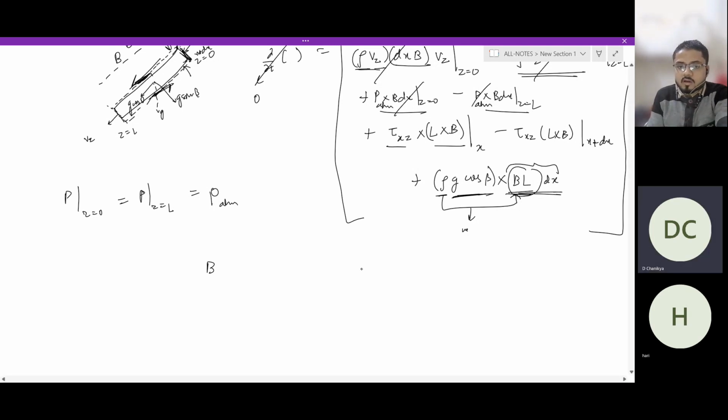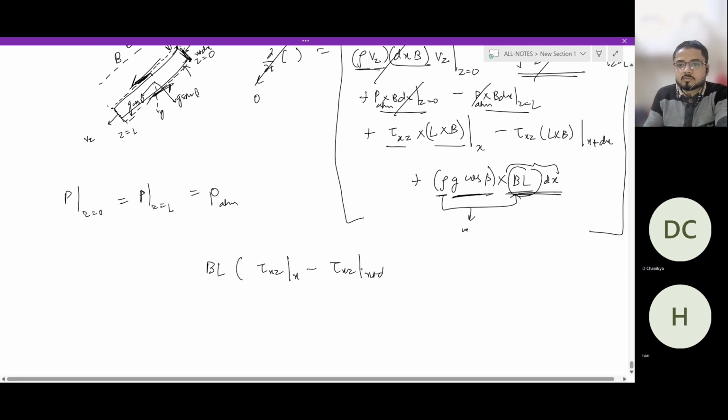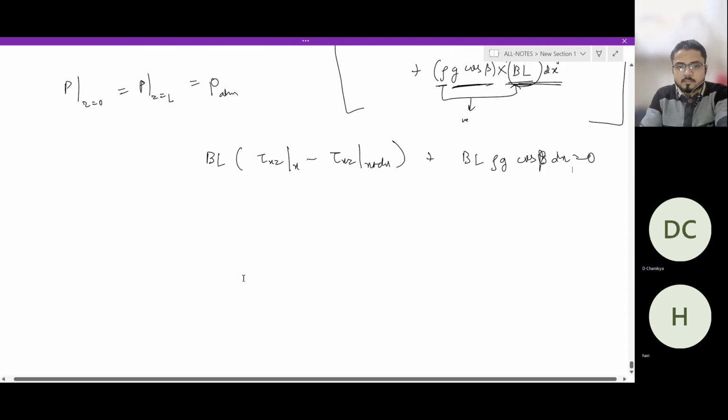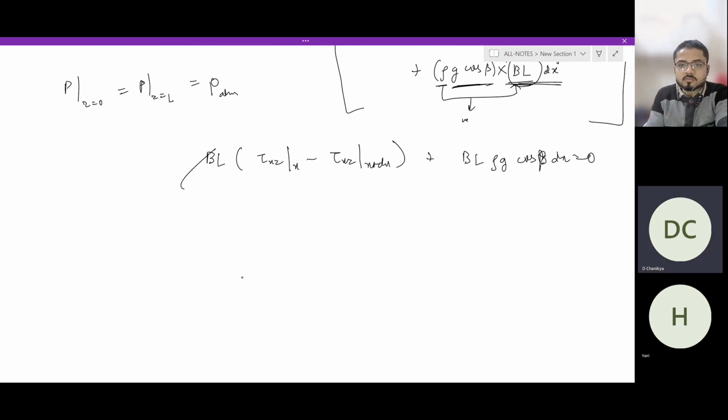Again, now you take BL common, and tau xz at x minus tau xz at x plus dx, plus BL common rho g cos beta dx equals 0. Now, for a moment, just cancel out these terms first.